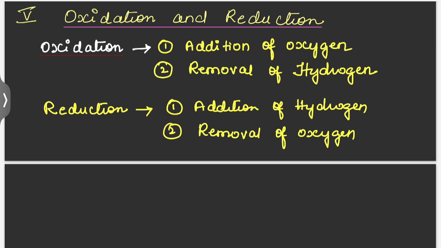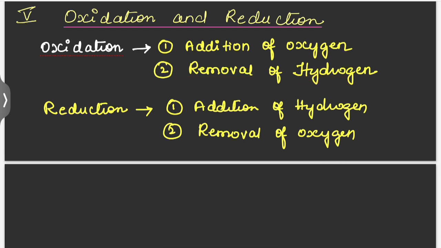These are the two definitions, which are very simple, you can remember. The definition is in terms of oxygen and hydrogen. See here, oxidation starts with OX, and here remember oxygen. So addition of oxygen is called oxidation, and removal of hydrogen is also oxidation.